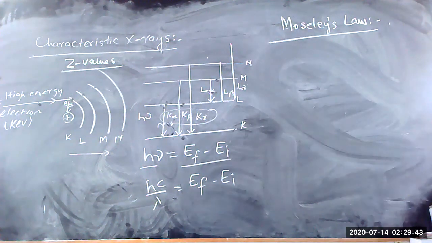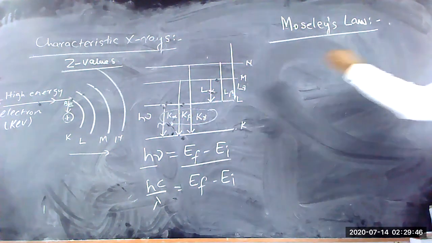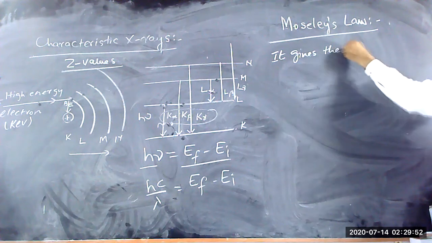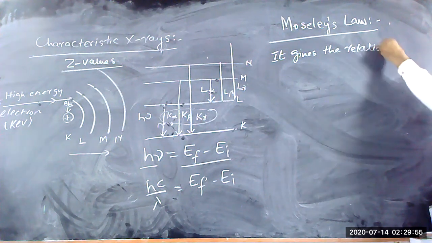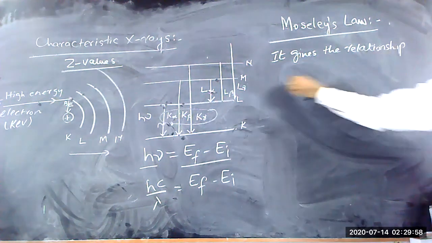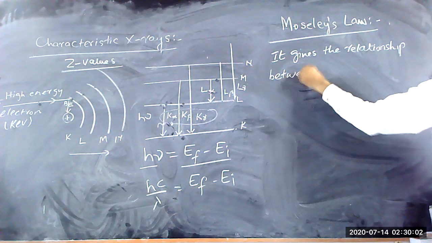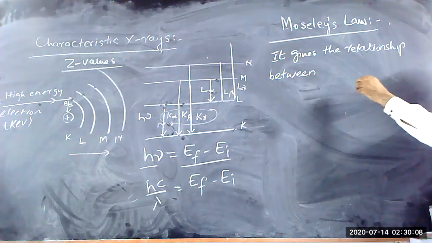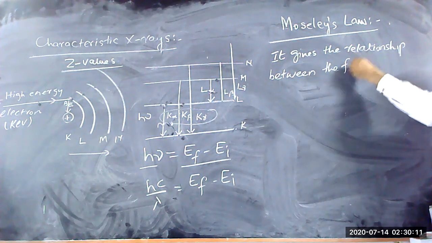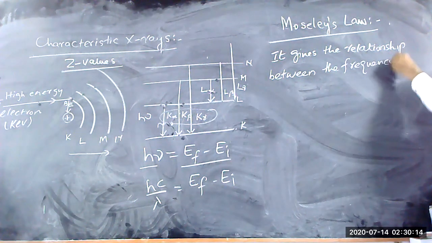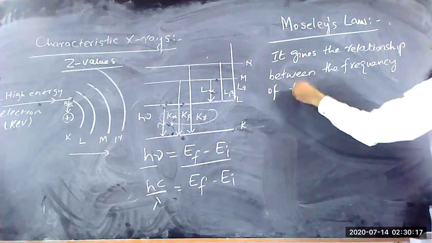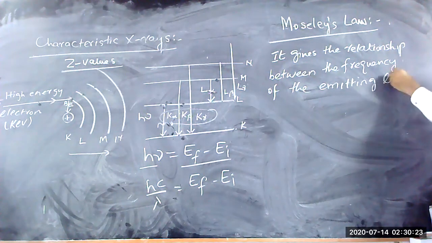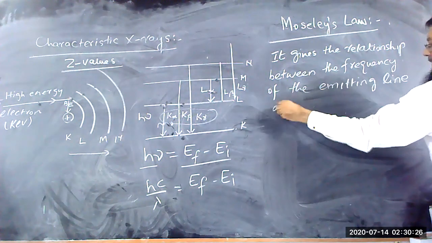So what is Moseley's law? It gives the relationship between the frequency of the emitting line and the atomic number.